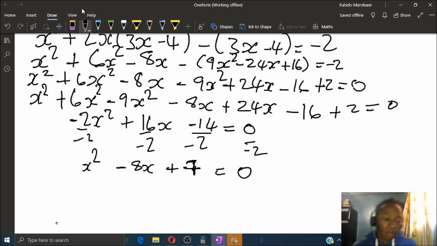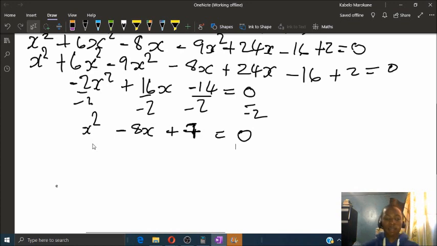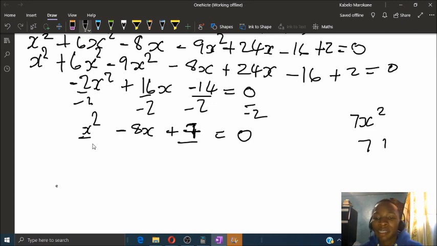So what we do now is to factorize, just like in the first and second and third equation. The first one and this one, we multiply them, and then we'll get 7x squared. Factors of 7x squared which, when we add or minus them, we get minus 8. So those are 7 and 1. Which one is positive? Remember I said the biggest number of the factors takes the sign of the middle number.